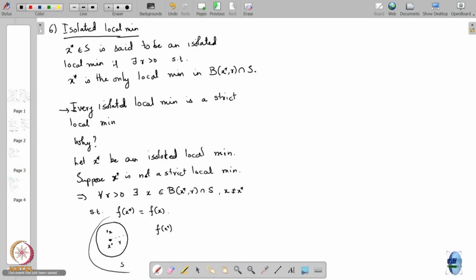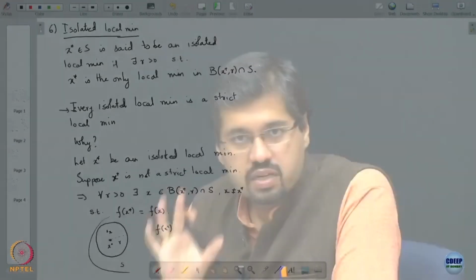Remember x star is a local minimum. So, there is certainly a small enough radius in which its function value is less than the function value of all other points. Now, in every radius around x star there is also another point whose function value matches that of f at x star.